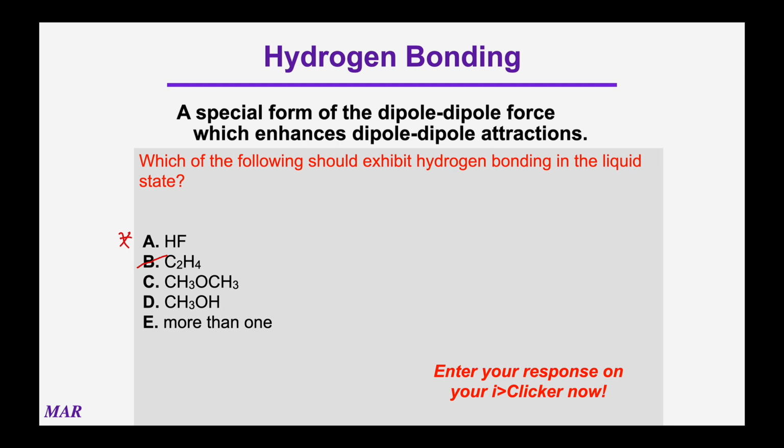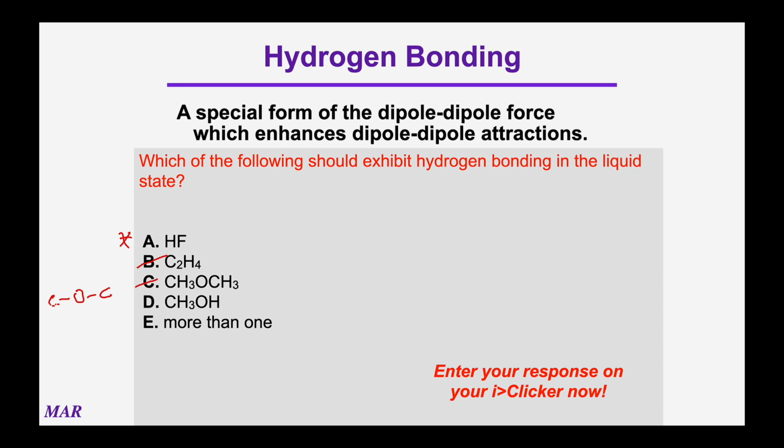And again, you have to have oxygen connected to hydrogen to make hydrogen bonds possible. So drawing out the structure of C, you're going to find that's not it. Again, you have a carbon, oxygen, carbon in this molecule, and you have to have oxygen connected to the hydrogen directly to have hydrogen bonds.